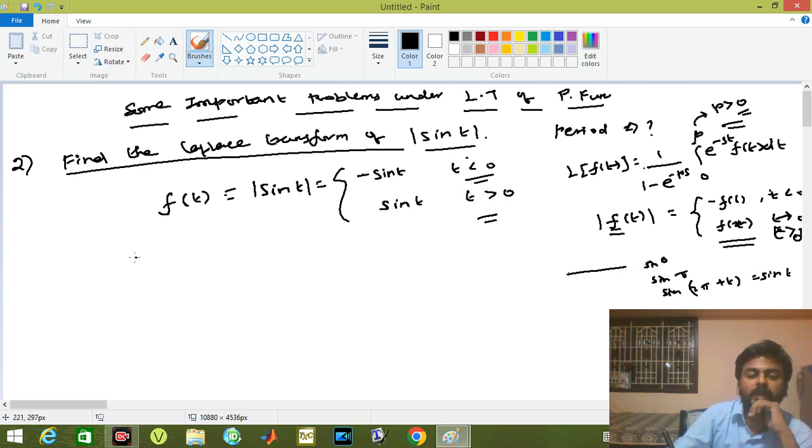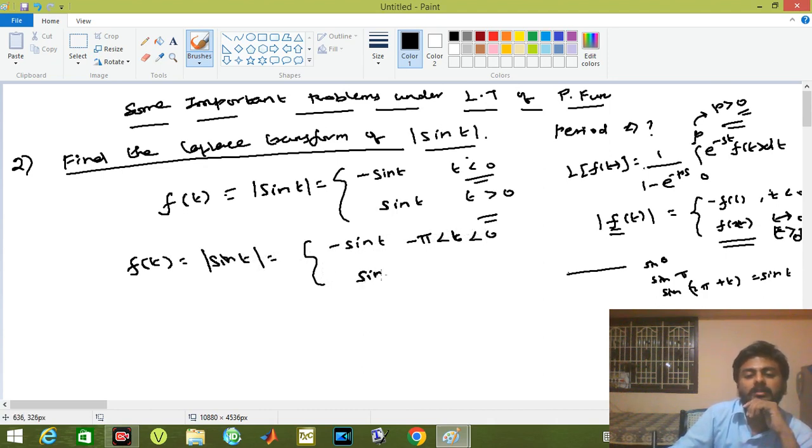So I am taking the intervals as f of t equal to modulus of sin t, equal to minus sin t for minus pi less than t less than 0, or sin t for 0 less than t less than pi.